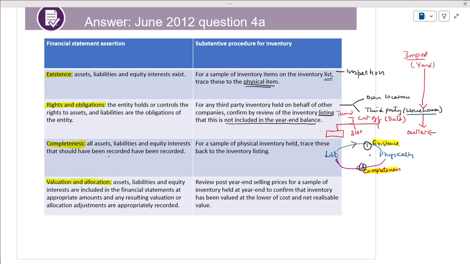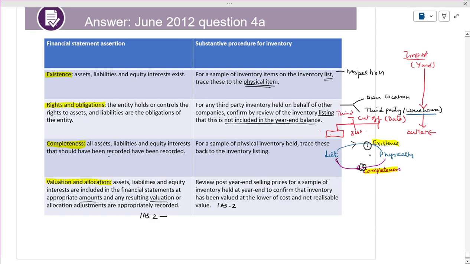Valuation and allocation: assets and liabilities are included in the statement at the appropriate amount, and any resulting adjustment, plus or minus. Definitely, you have to think about IAS 2. IAS 2 talks about two methods, exclusively two methods. If you mention IAS 2 here, it adds value anyhow.